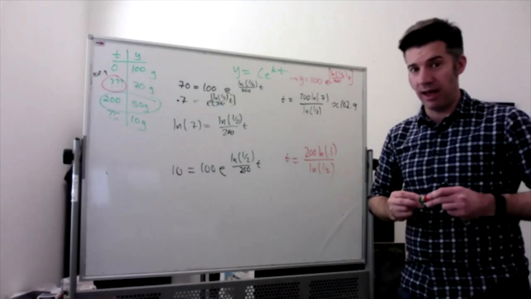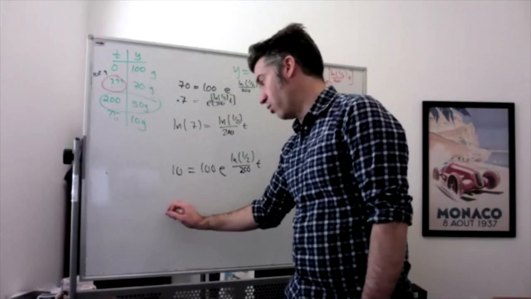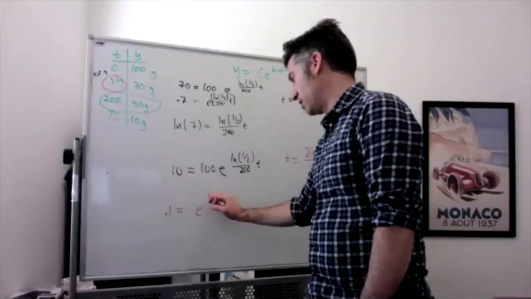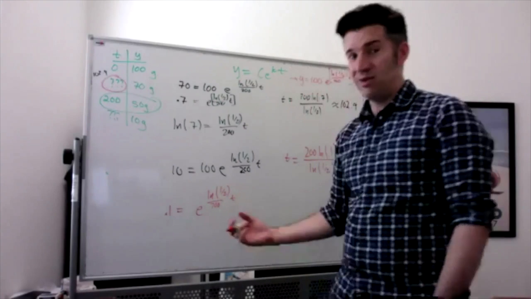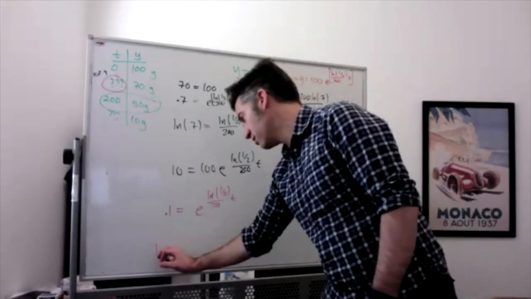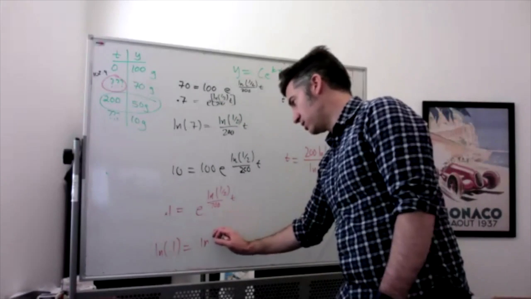I can explain that. I'm happy to, right? We divide both sides by 100, we get 0.1 equal to e to the natural log of 1/2 over 200 times t. Take the natural log of both sides. Natural log of e to the thing is just the thing.